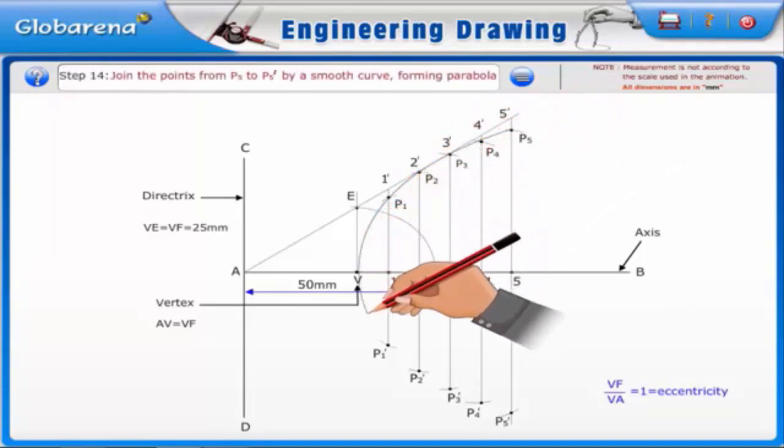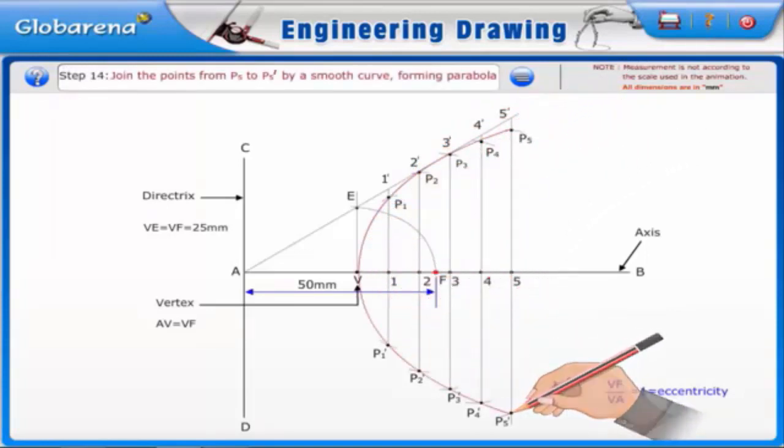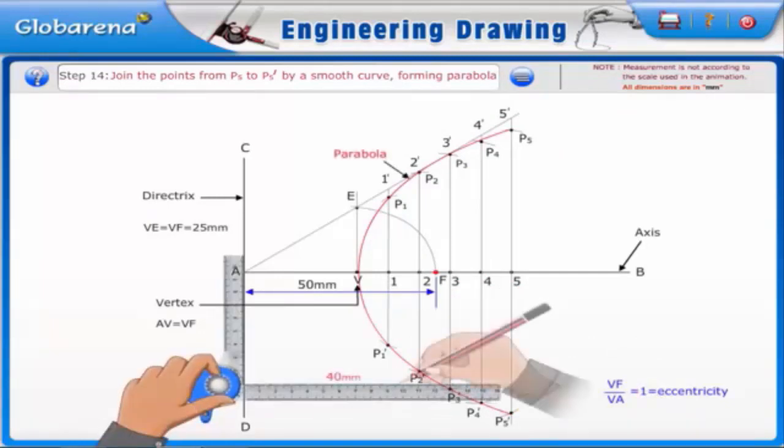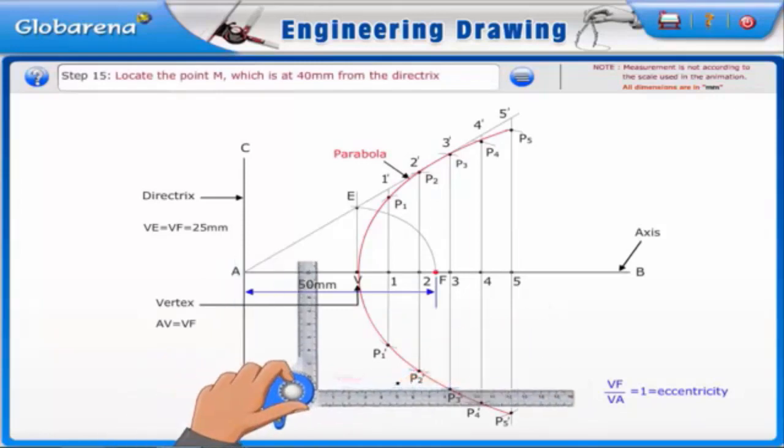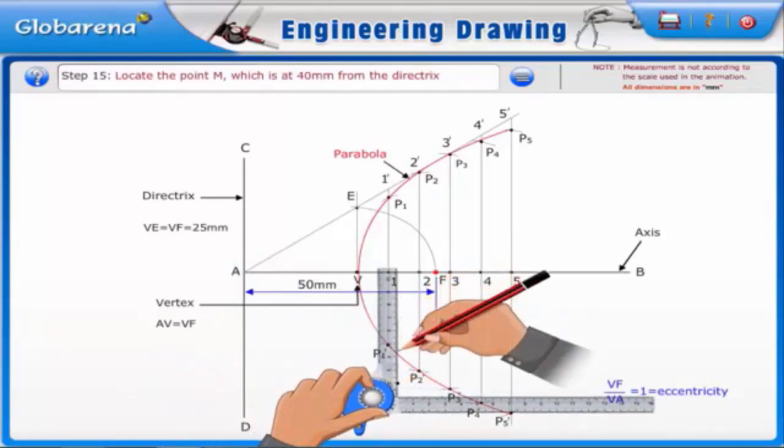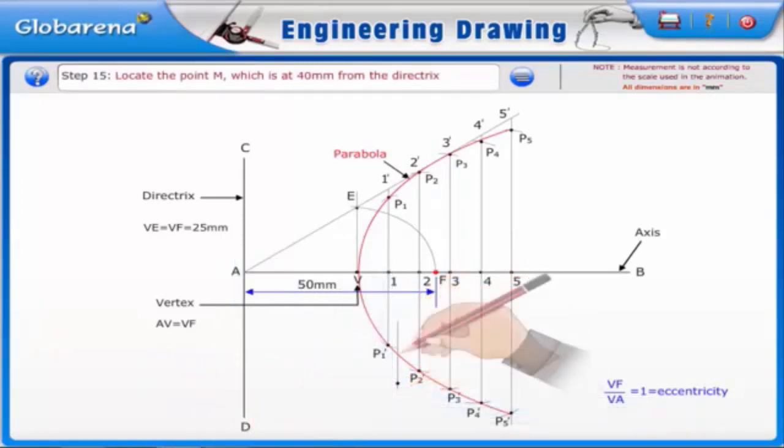Join the points from P5 to P5' by a smooth curve forming the required parabola. To draw the tangent and normal to the parabola, locate the point M, which is at 40 mm from the directrix.